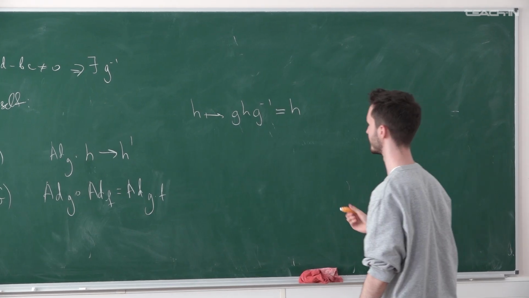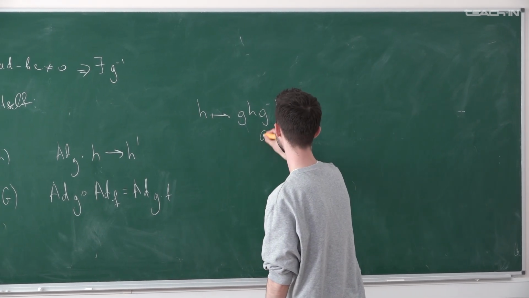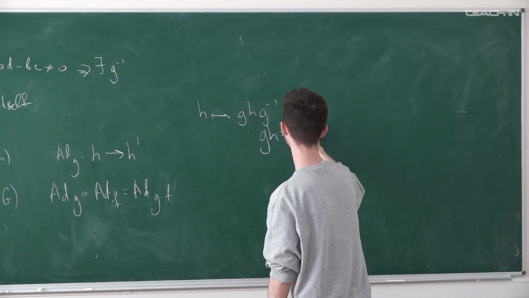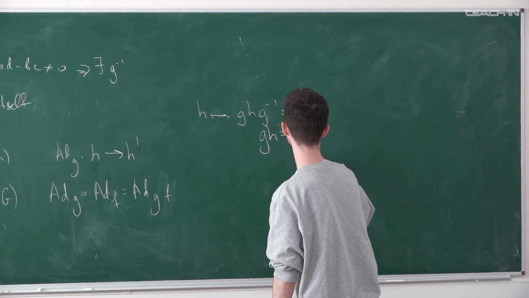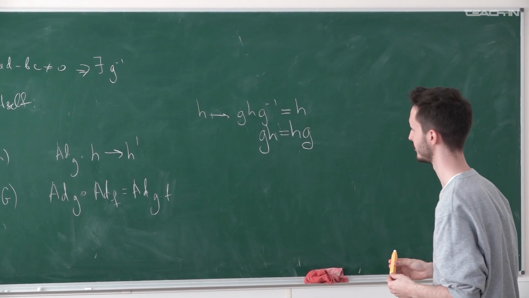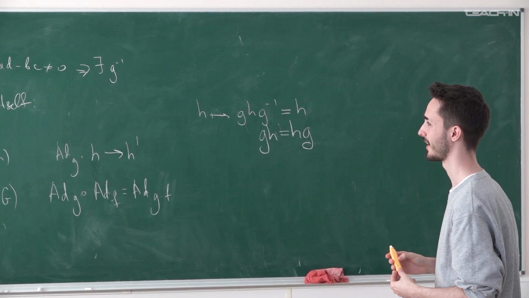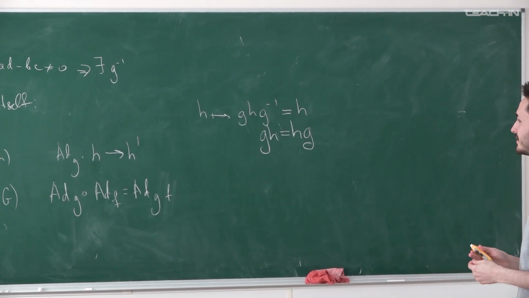Yes. And so we have to find all matrices G that commute with H. How do we describe all these matrices G?